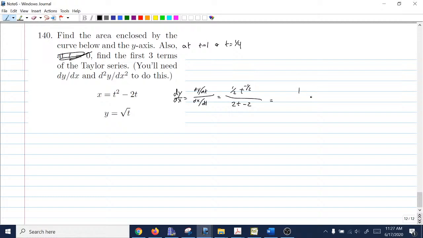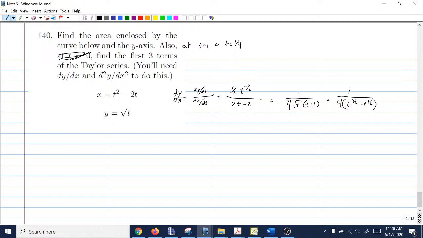So I get 1 over 2, I guess 4 if I factor out that other 2, root t, t minus 1. This might be cleaner to rewrite as 1 over 4 times t to the 3/2 minus t to the 1/2. I don't know which is better to take the derivative of. I guess they all suck.